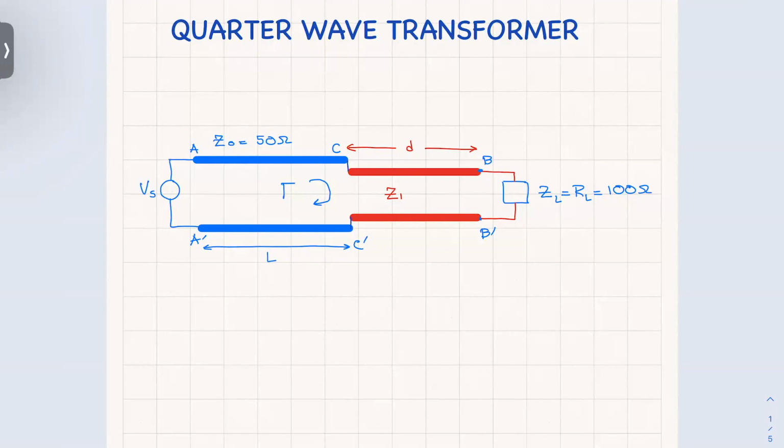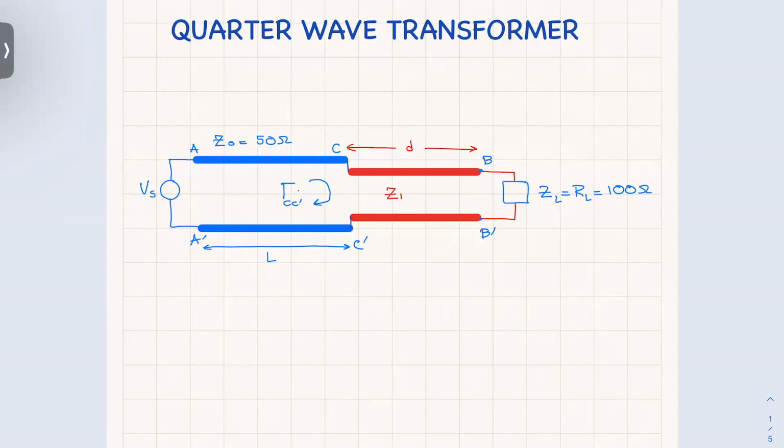These are the nodes where the two lines connect. And I want to make gamma at C prime, looking from the source side, 0. The source is behind me and I'm looking towards the load.